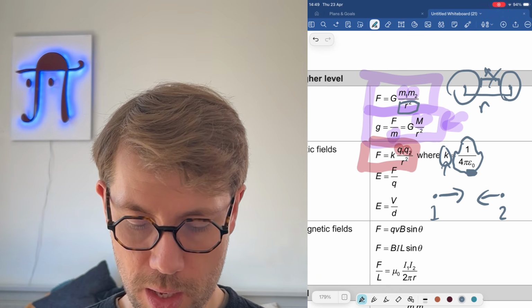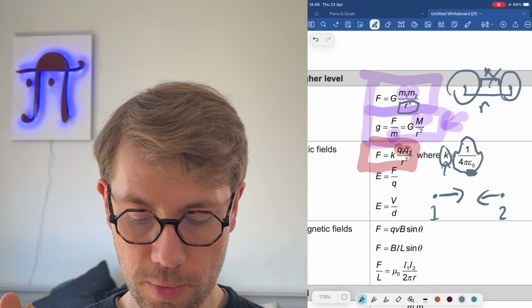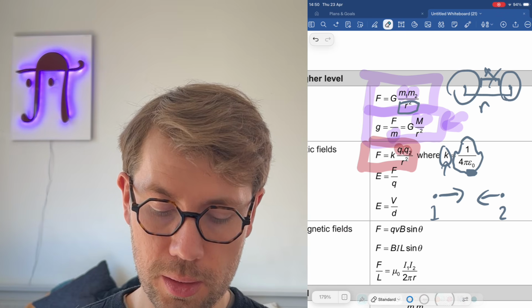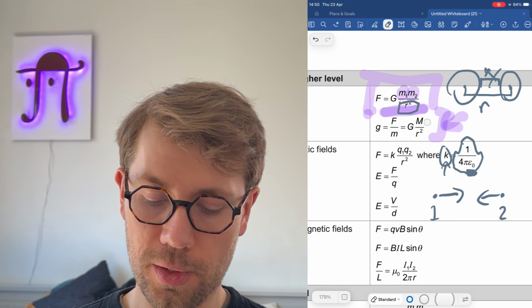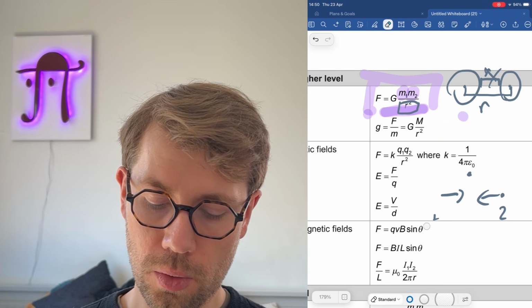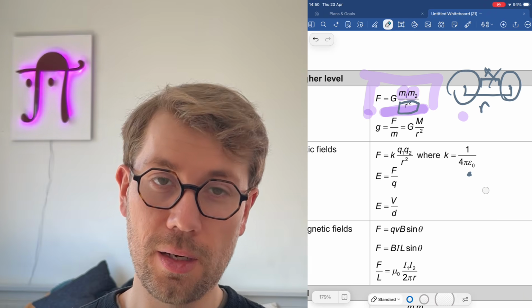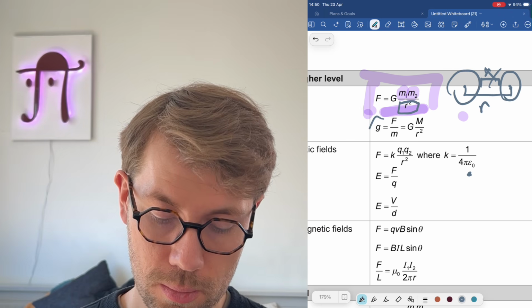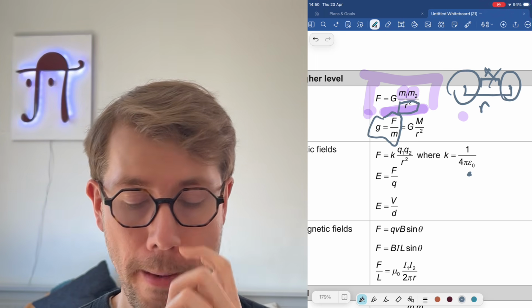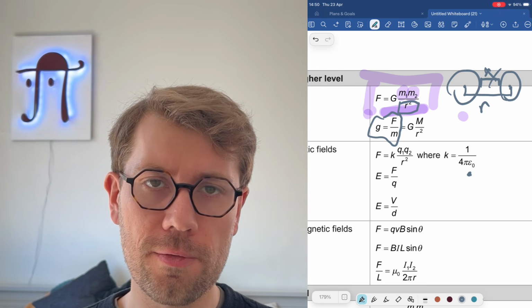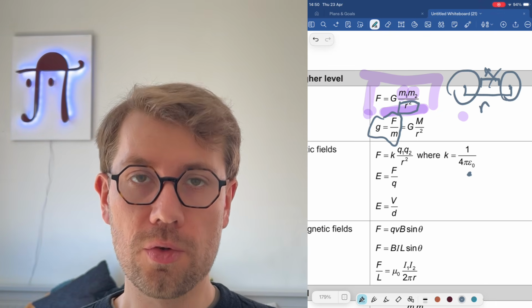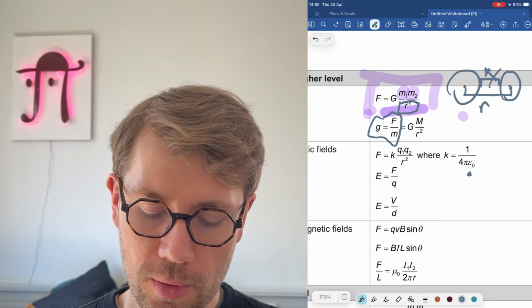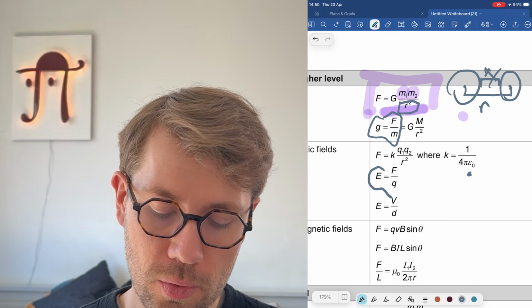So next we've got an equation for E, and this is quite similar to an equation just above it. Before we had little g is equal to F divided by m. Now little g is our gravitational field strength, or our acceleration due to gravity. If we think of it like gravitational field strength, this is kind of the equivalent.